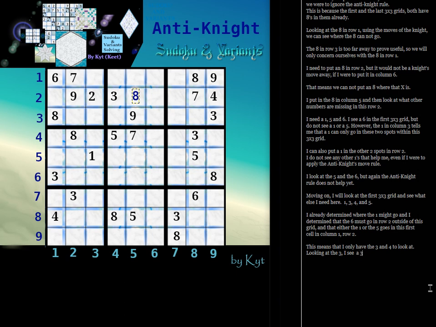Now looking at the 3, I see a 3 in column 2. I also see a 3 in row 2 dictating where a 3 cannot go.